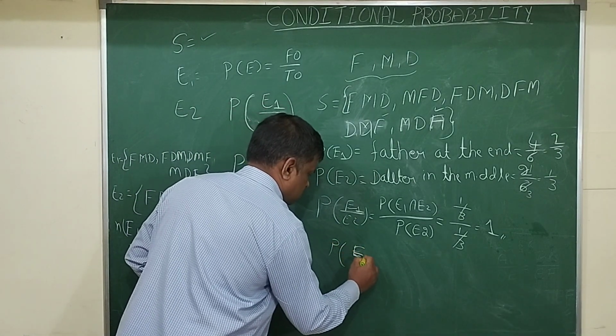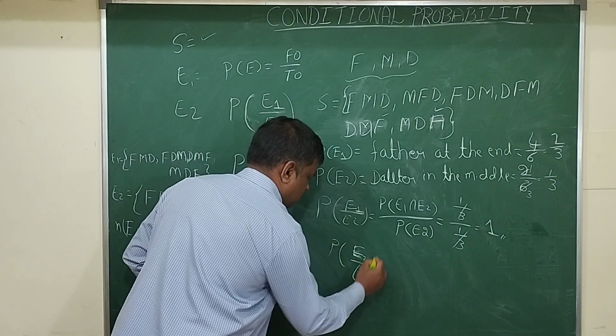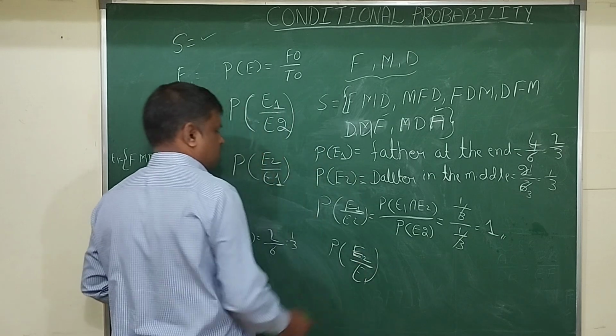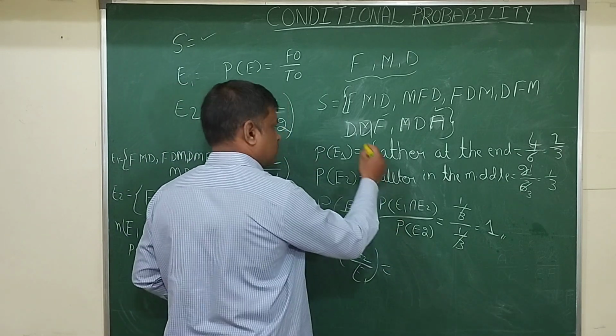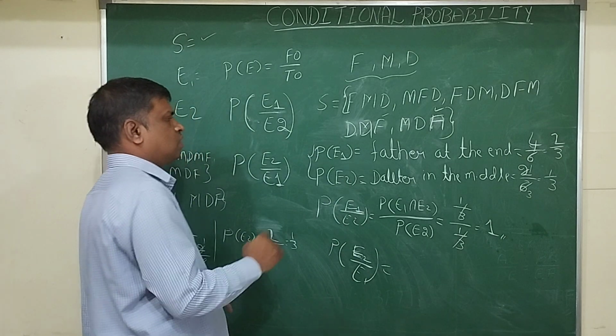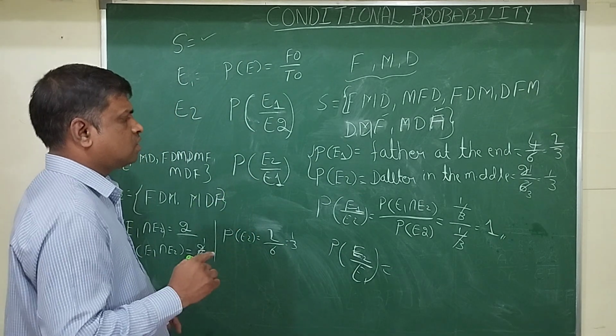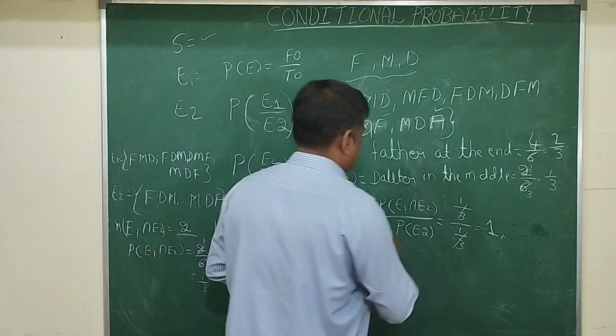If you take the reverse of this, what comes? We check E2 given E1. When this happens, it gives the probability of E2 with the condition of this. This is the condition: father at the end, daughter in the middle. Daughter spelling was wrong here.